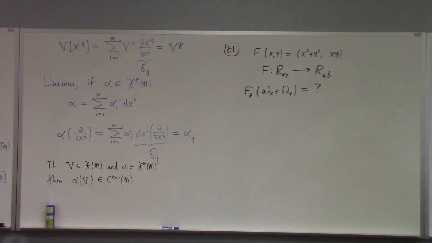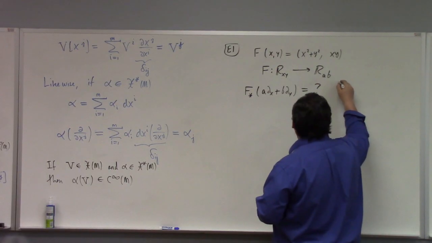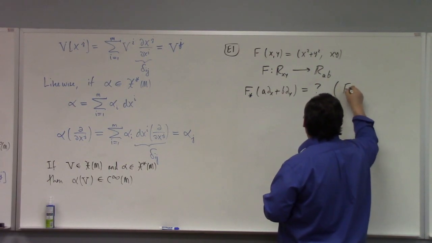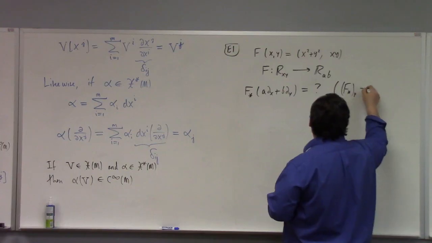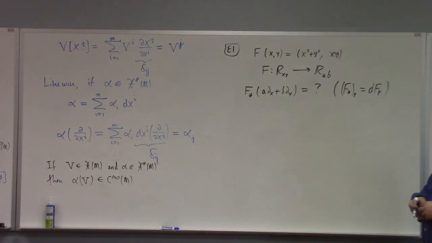So, by the way, this star is yet another notation. I know, it's obnoxious, right? So let's say f star of p is, let's say, dfp, okay? Yet another notation for the push forward. The upper stars are pullbacks, the lower stars are push forwards.